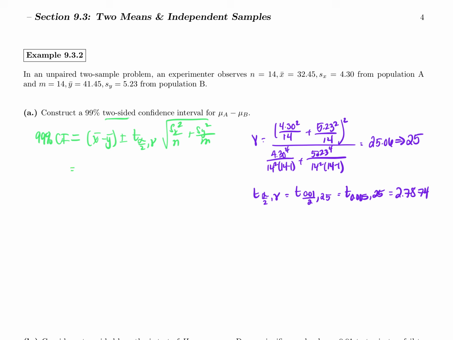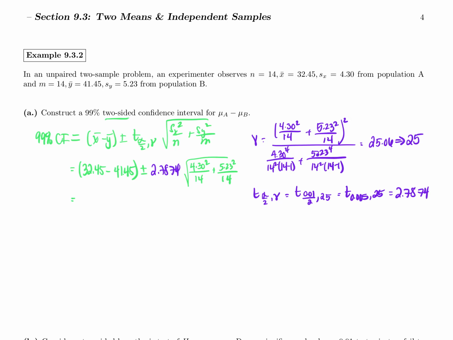So let's see what happens when we start plugging things in. Our confidence interval will be x bar minus y bar. x bar is 32.45 minus y bar, which is 41.45, plus or minus our 2.7874, our t sub alpha over 2 comma nu, which is the inverse t, times the square root of 4.30 squared over 14 plus 5.23 squared over 14.